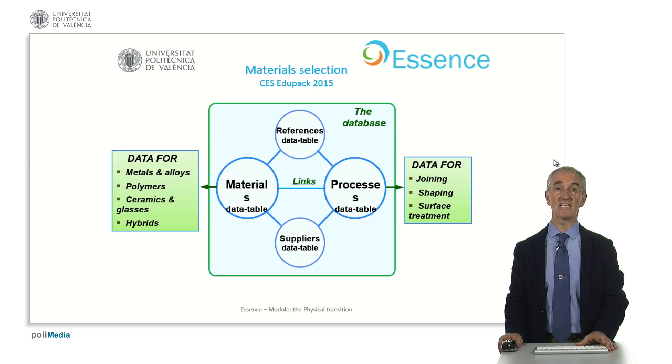Again, for selecting the materials, we need a database that includes data tables, references on how this information was obtained for being able to assess them, includes processing of the materials, and is able to detect which suppliers could be available.